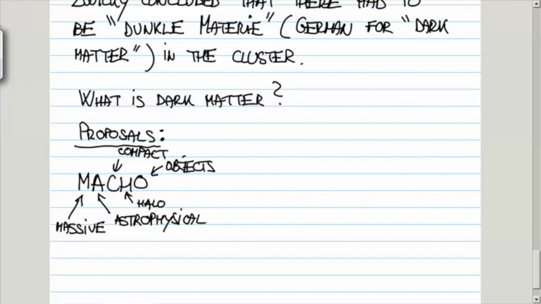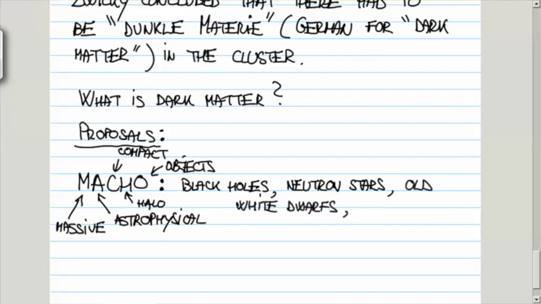So basically, the proposal was, okay, so these are things that do not produce light. So what could it be? It could be black holes. It could be neutron stars whose beams of radiation are just not crossing us, and therefore we cannot detect them. There could also be old white dwarfs that formed a long time ago and started fading, losing their thermal energy that was captured there initially.